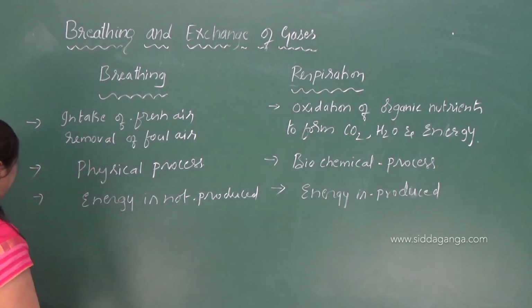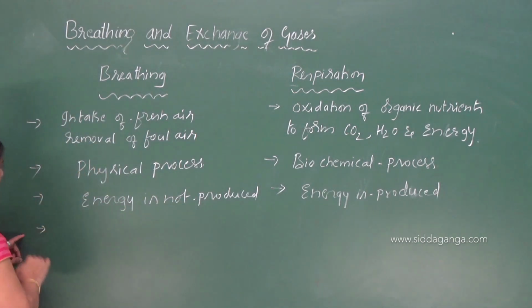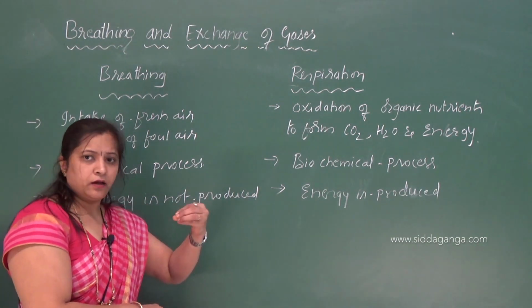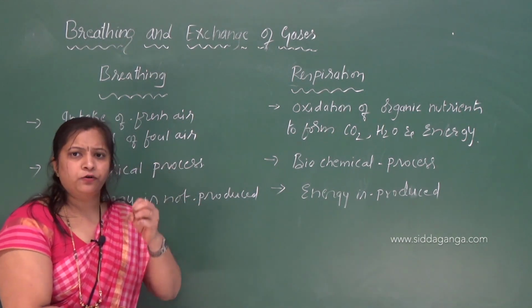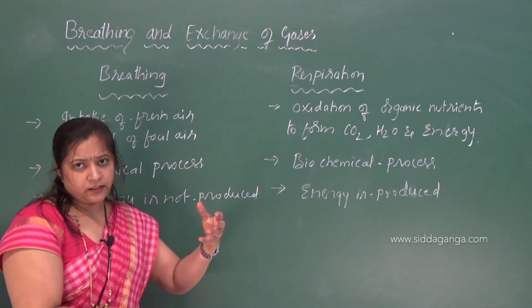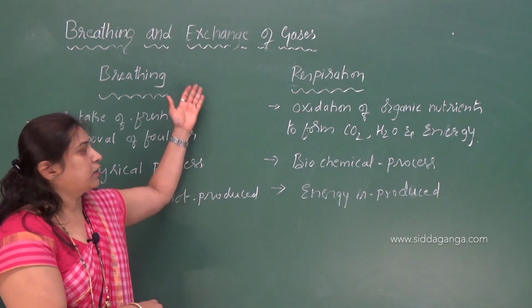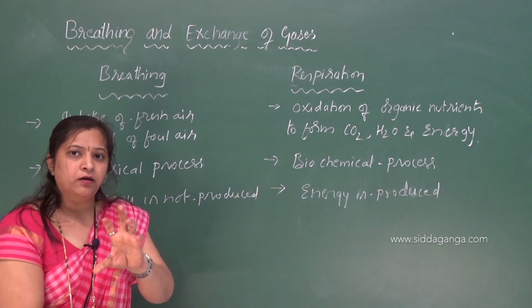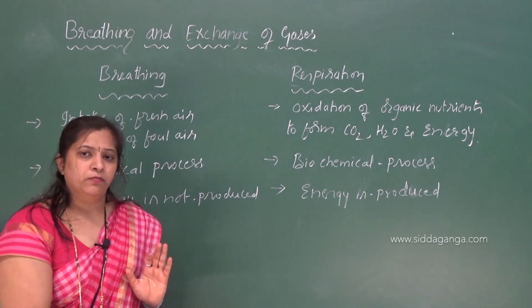Okay? And see where breathing occurs. In humans, breathing is confined to only certain organs. So only certain organs are involved in the process of breathing, but respiration, no, respiration occurs in all the cells of the body.